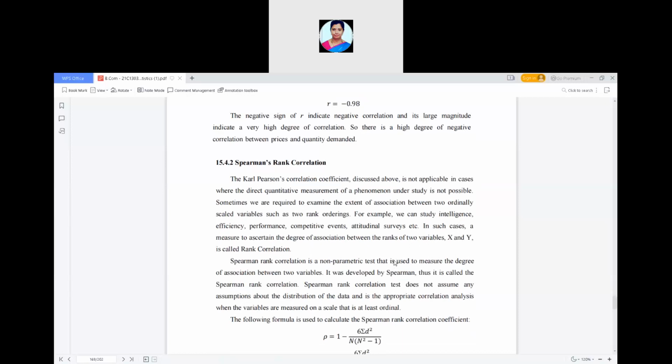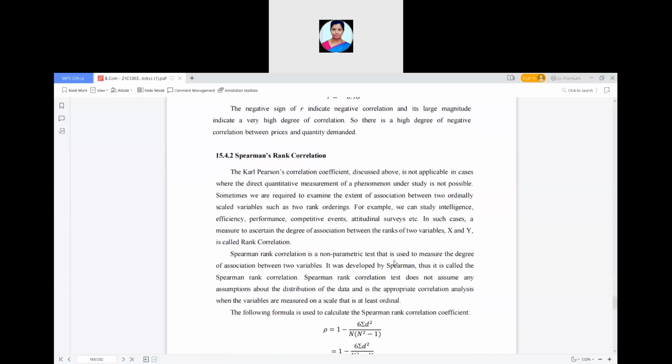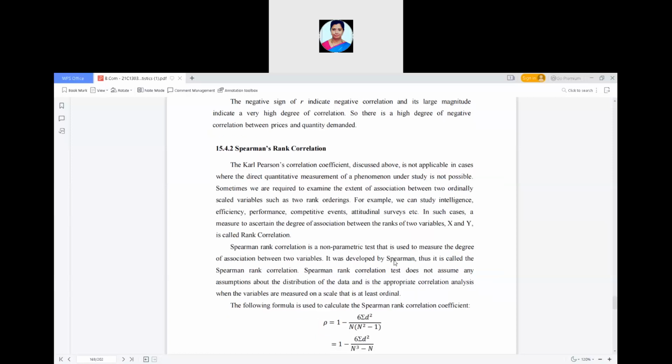Sometimes we need to examine the extent of association between two ordinally scaled variables, such as two rank orderings. For example, we can study intelligence, efficiency, performance. Likewise, we have so many cases. In these cases, we have a degree of association between the ranks of two variables x and y, which is called rank correlation.